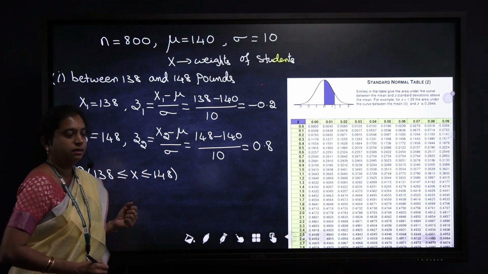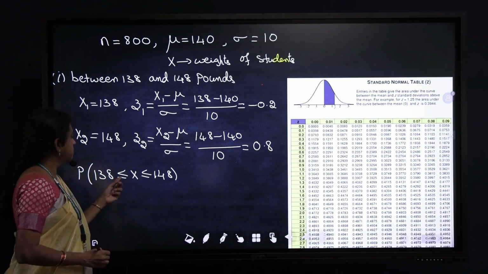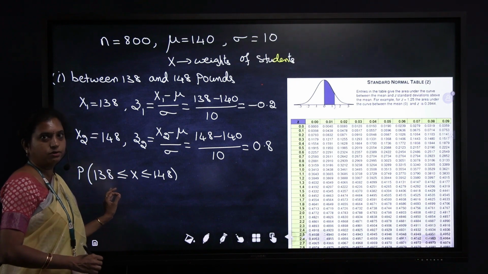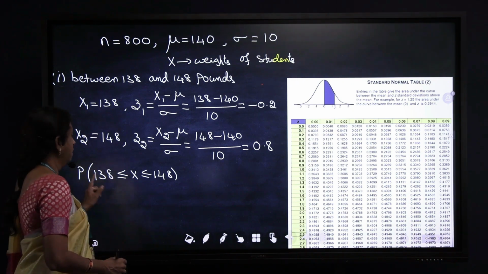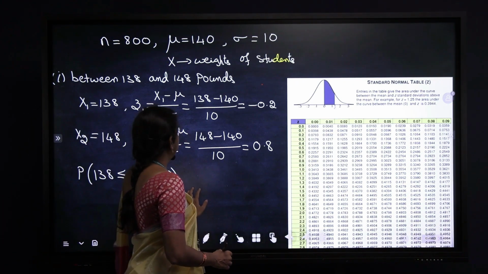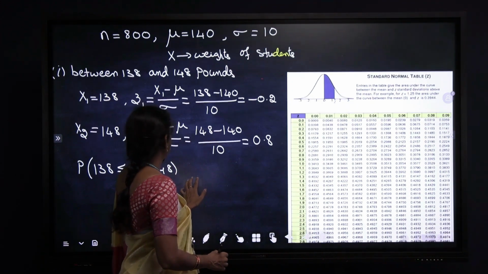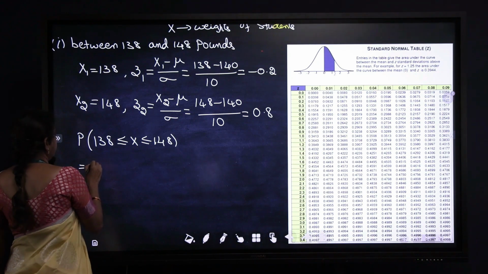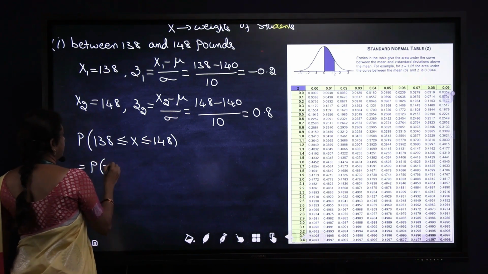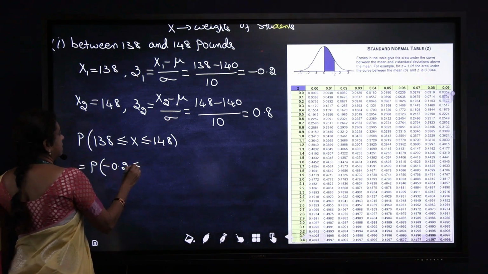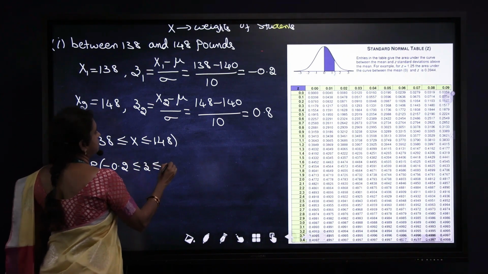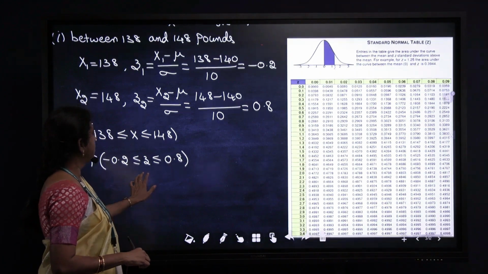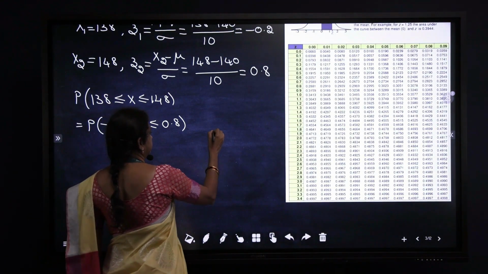As discussed earlier, in a continuous random variable, whether the equal to is included or not doesn't change anything, because it is a continuous random variable. So this will be equal to probability of minus 0.2 less than or equal to z less than or equal to 0.8, right? So same way we'll plot the normal curve.